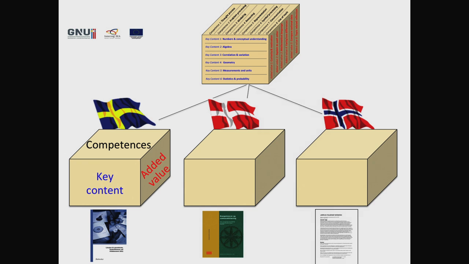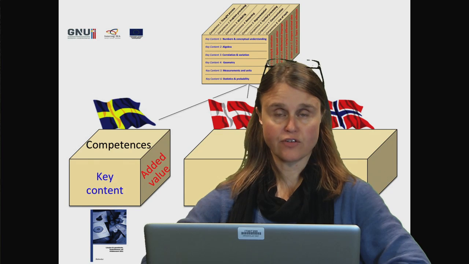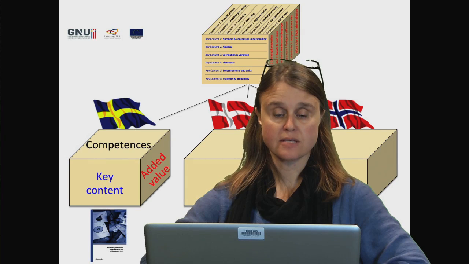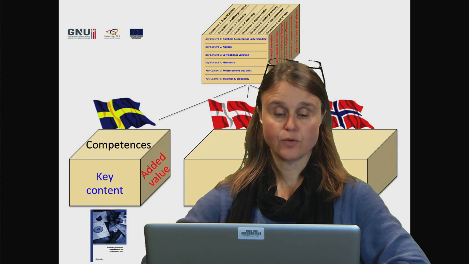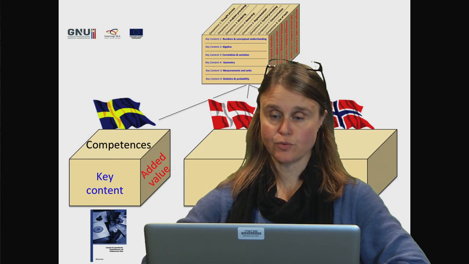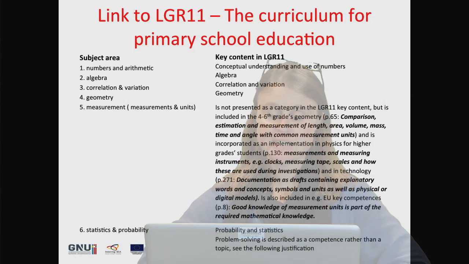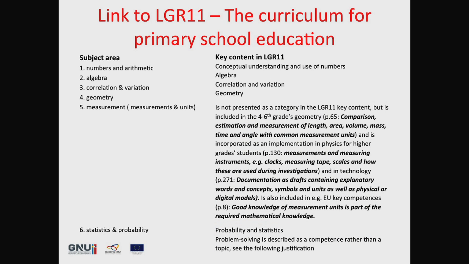What they did was they took the curriculums, read them through, and tried to find similarities that they could work in relation to. For example, this is a slide showing how thoroughly they went through the different national curriculum, here called LGR 11.